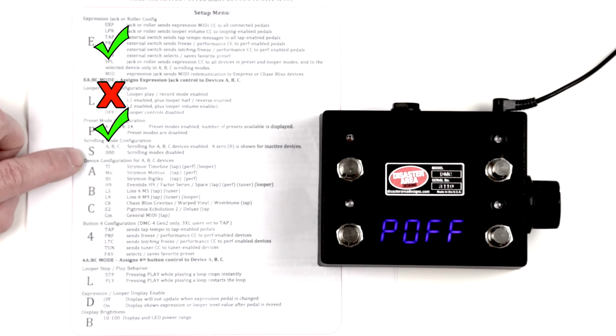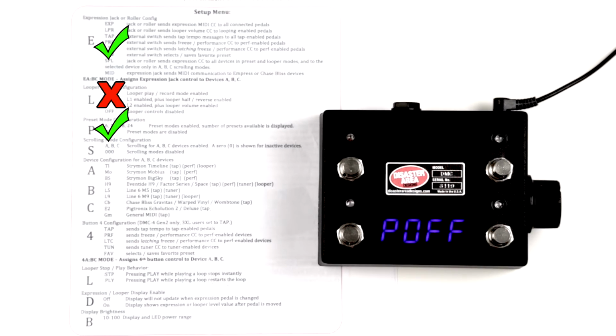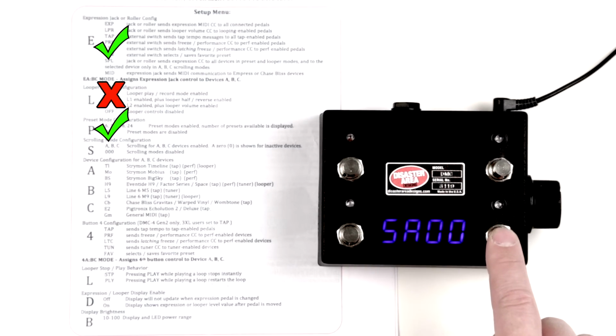Scrolling mode configuration. So this is where you decide how many pedals you are scrolling through and in what order. So if you had 3 Chase Bliss pedals and you wanted to scroll through all 3 Chase Bliss pedals, you would have it set up the way that I have it set up, which is A, B, C. Let's say you had all 3 pedals set up and you only wanted to scroll between A and C. You can press this button until you see that B is bypassed.